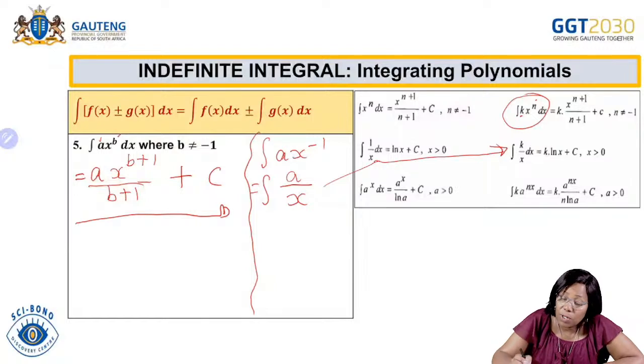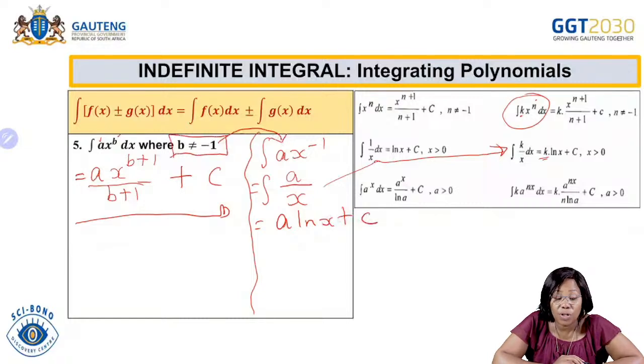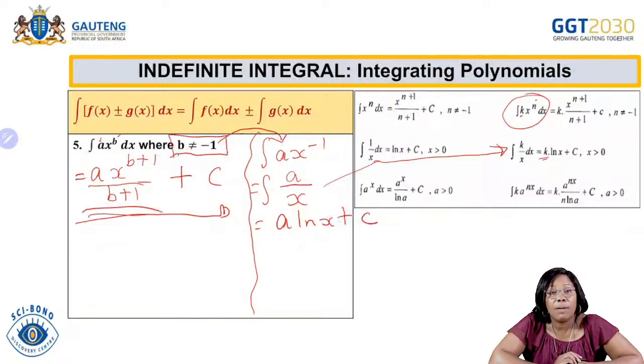Rule number 2 says leave the constant value k. So our constant is a here. And then this will be taking a ln of x. Remember, you have integrated, so that is plus c. That is why we are having this condition here. It is covering for this type of question, that b cannot be -1 for this particular application, grade 12. Okay, I hope we are still together.